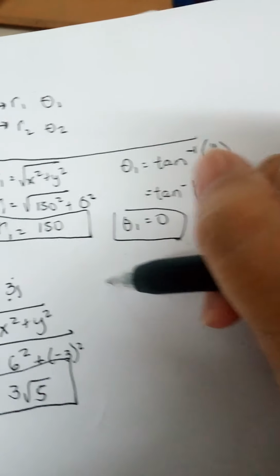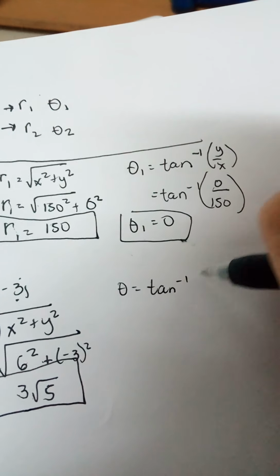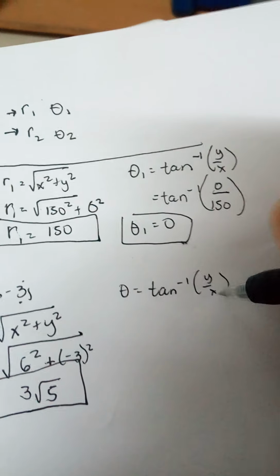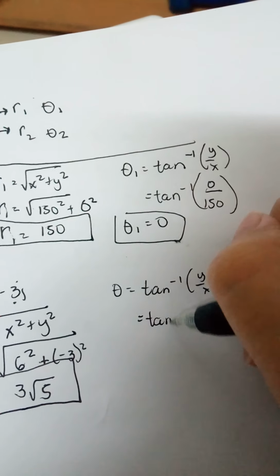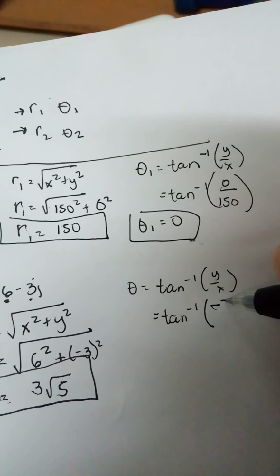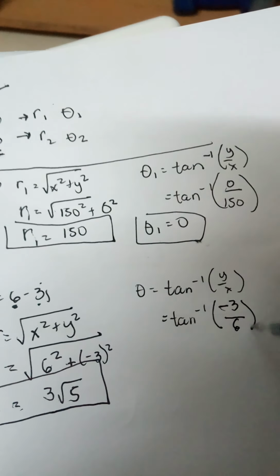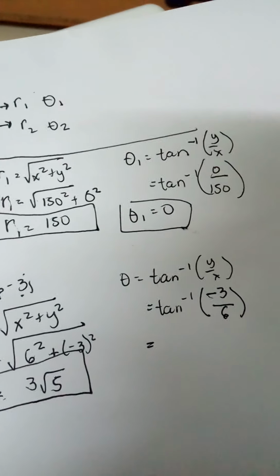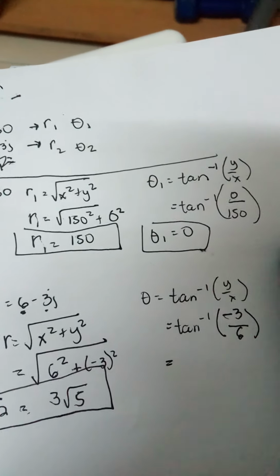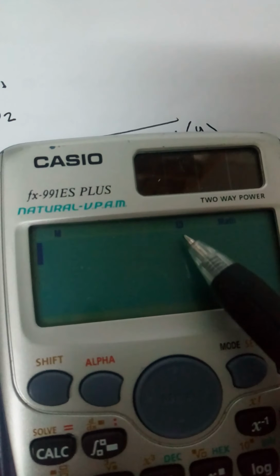Next, theta. Again, inverse of tangent, y over x. So inverse tangent, y is negative 3 over x is 6. To find the theta, make sure that your calculator is in radian mode.